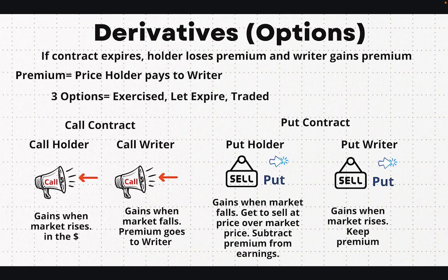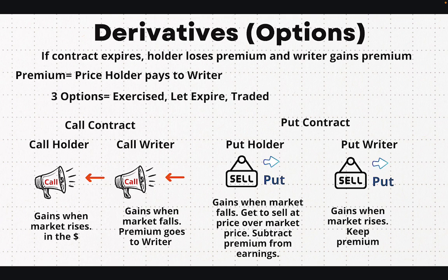They say, hey, I know that thing is selling for $25, but we locked in this price at 20, so you have to sell it to me at 20. The call holder wants the market to rise because they've locked in a price. So they gain when the market rises. They are in the money.